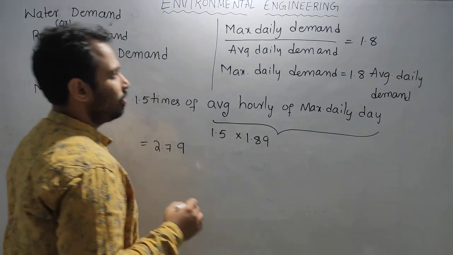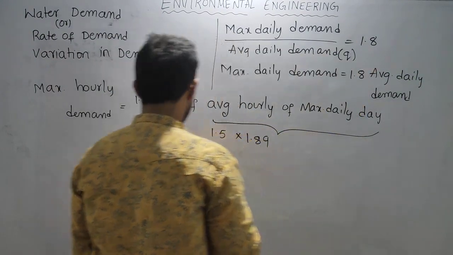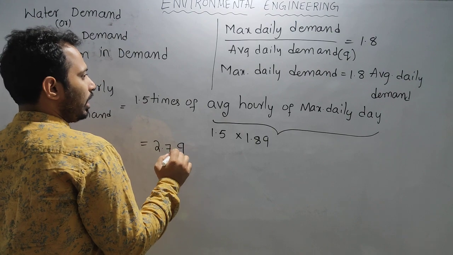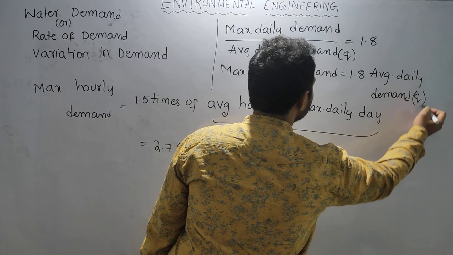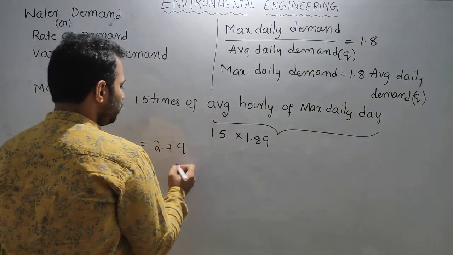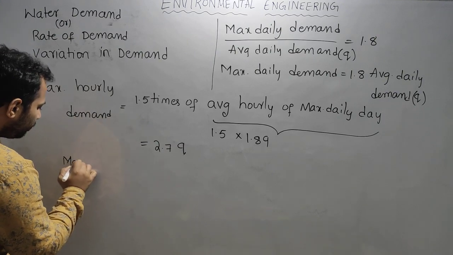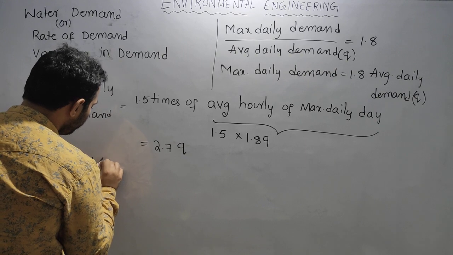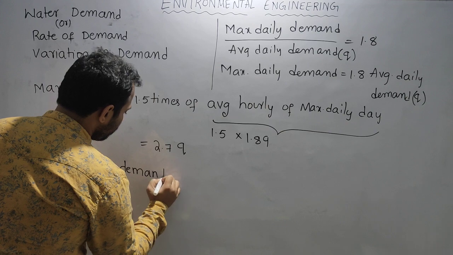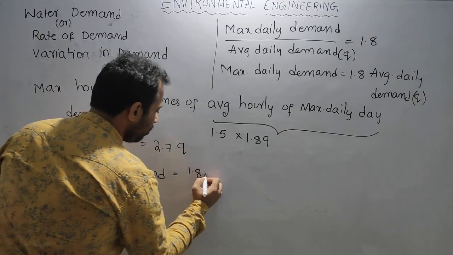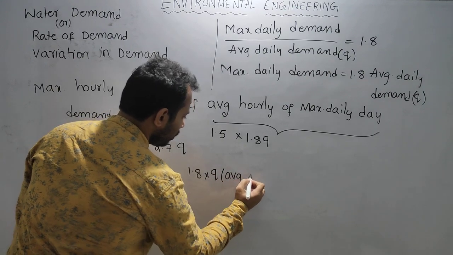Where this Q is average daily demand only. So maximum daily demand is equal to 1.8 times Q, that is average daily demand.